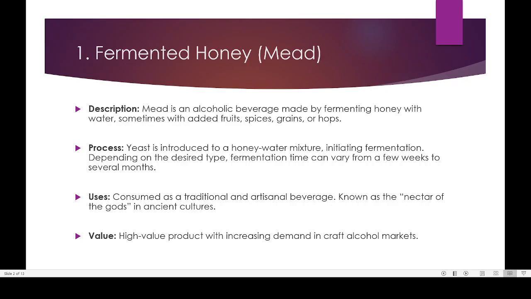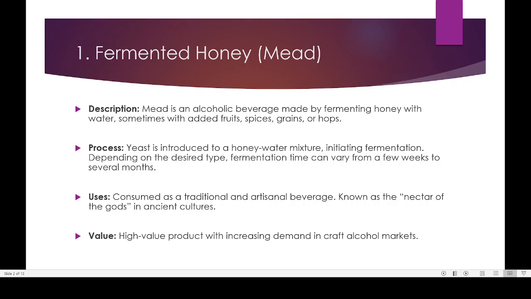Basically, fermented honey is a honey water mixture into which we add yeast, just like we add yeast in the preparation of other types of alcohol. For example, to make wine we also add yeast. The same yeast is introduced.